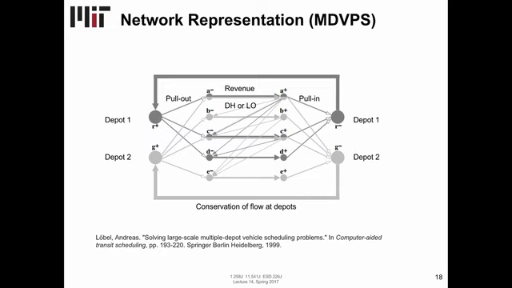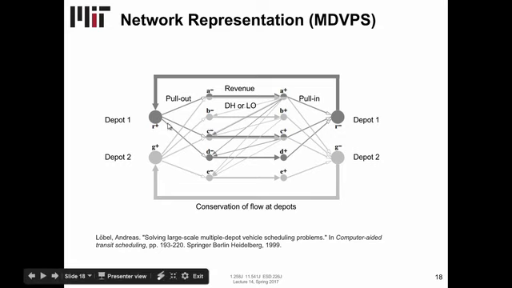So this is another network representation of the multi-depot vehicle scheduling problem. This is not a time-space representation anymore because it would become really complicated with time-space representation. As you can see, there are different depots in the network, and there are different services, or revenue arcs, that need to be served.